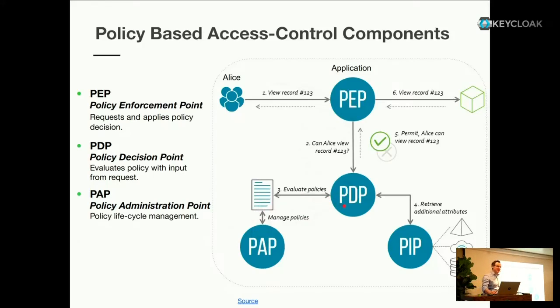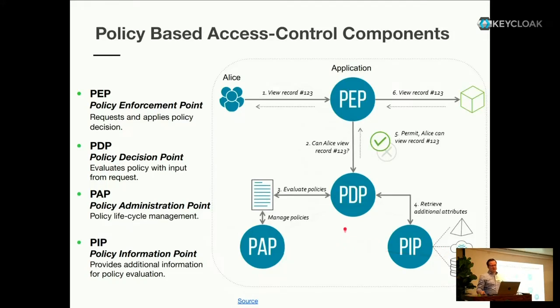And sometimes the policy decision point cannot work on its own. Maybe the data from the request and from the policy is just not enough. Maybe it needs to retrieve some additional information from other resources. For that, we have the policy information point, which gives us things like additional role mappings, role hierarchy information, permission to role mappings, or other organizational information.